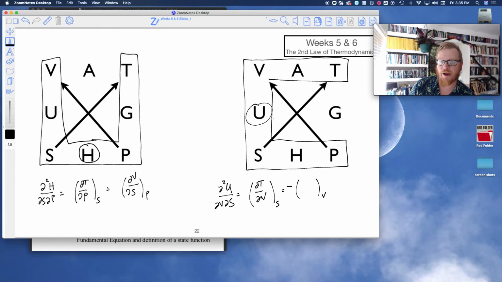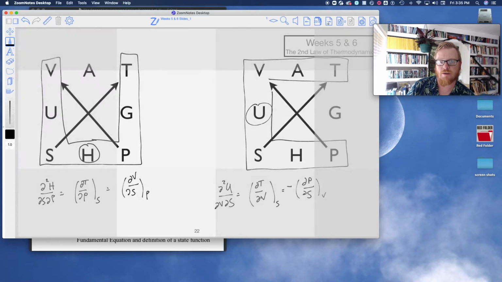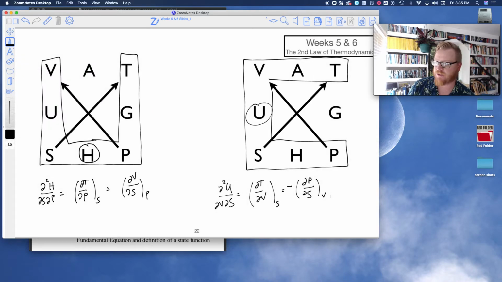And so now I go to V, I travel against the arrow, and I get partial of P, work my way back to U, by partial of S at constant V. Let's see how we did for U. Look at this. Here we go. There's that negative sign. Partial of P by partial of S at constant V. And yeah, partial of P by partial of S at constant V. Okay, great.